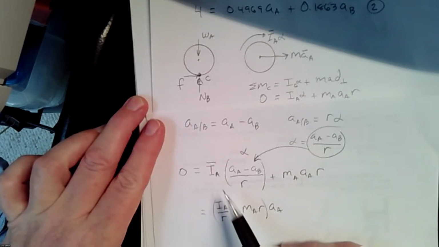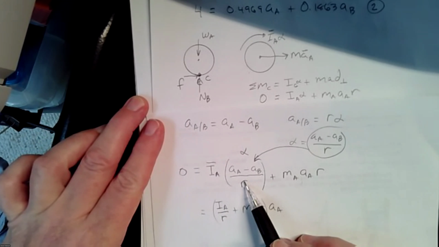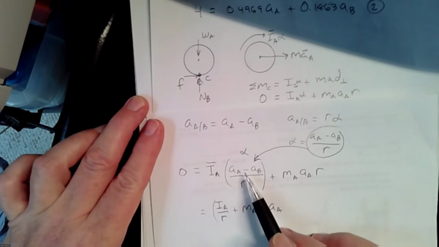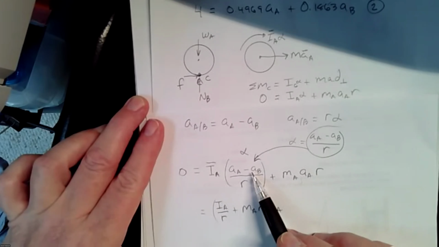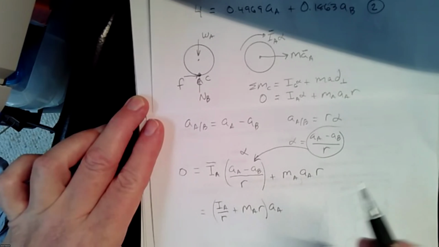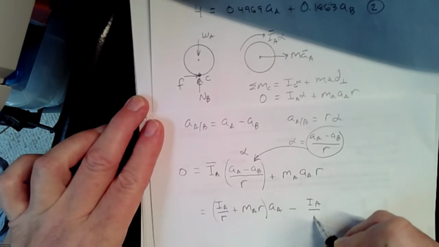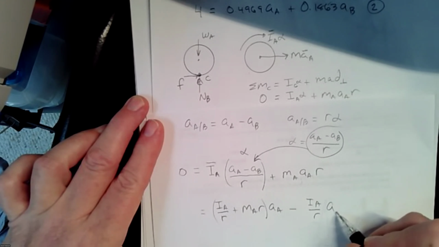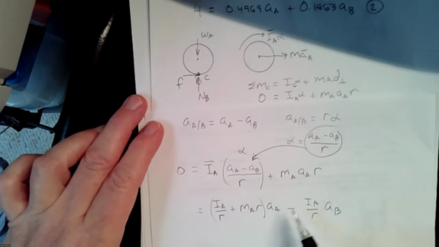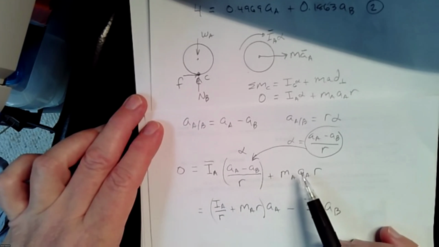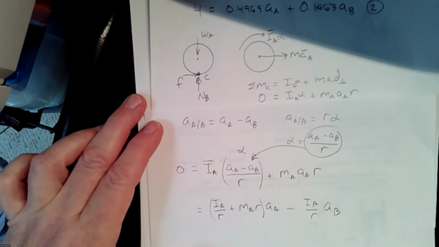All I did was I took this over that plus that, and I basically factored out the acceleration A. And then this A_B over R, I made into minus I_A over R times A_B. So this A_B over R was this, and then multiplied by that. So it's basically just algebraic combination.